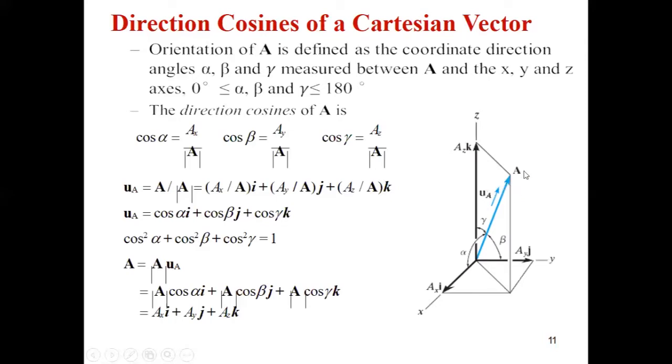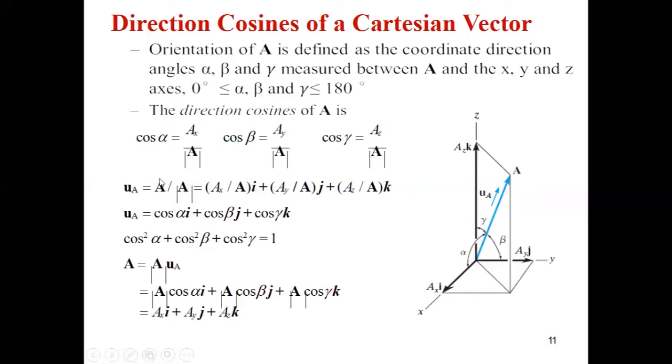If we know the magnitude of the vector A, modulus A, divide the vector by the modulus or magnitude, and we can get a unit vector along the direction of the vector. So the unit vector along vector A is UA equals A divided by modulus A.